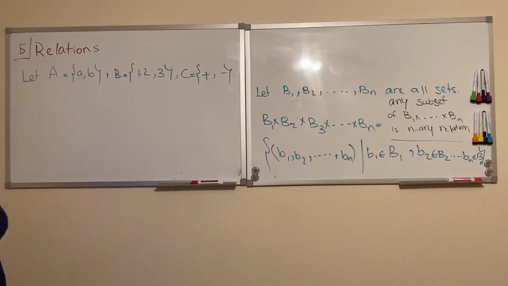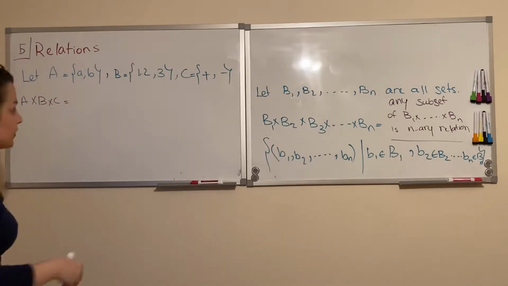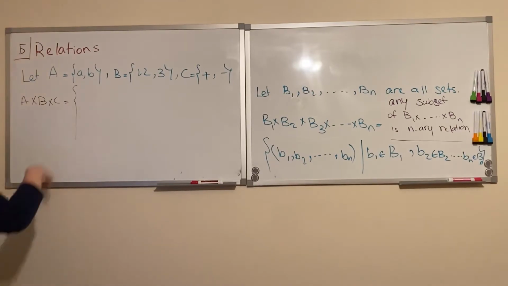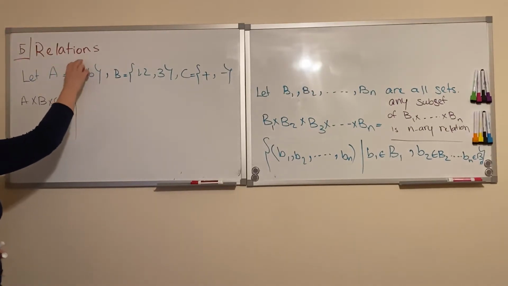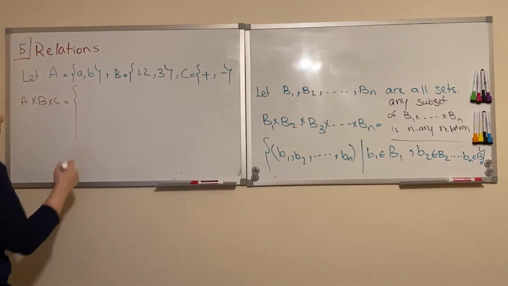Okay, so here you see that I have 3 sets. And what is the Cartesian product of A, B, and C? Okay, you see, I pick first element from this, second from this, and third from this.